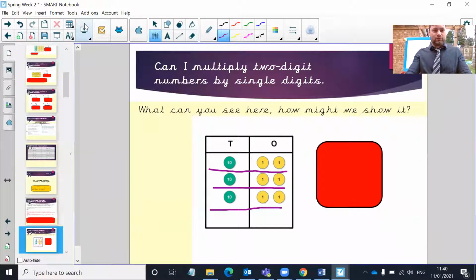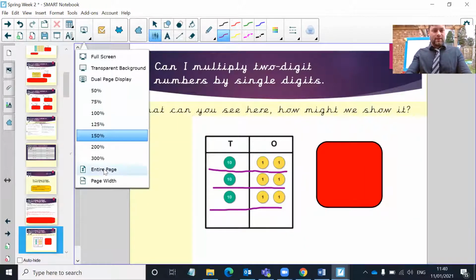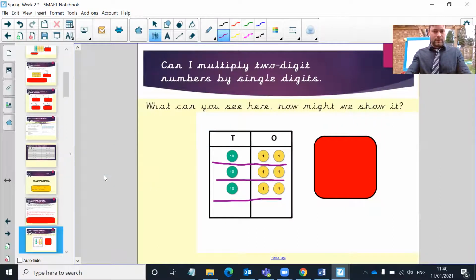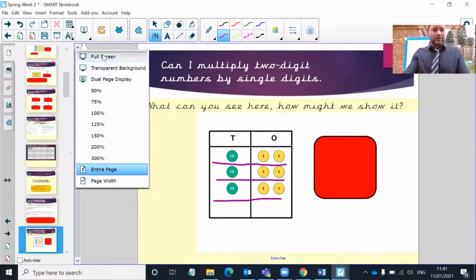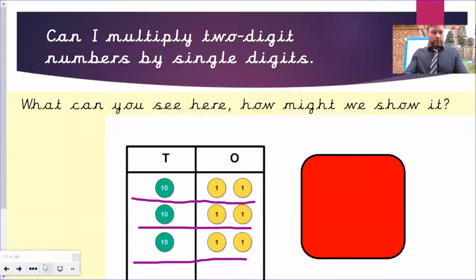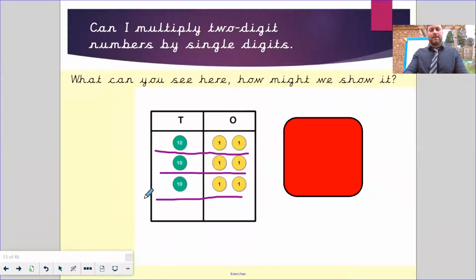If we were to draw our lines under there, we can see now that we've split it into groups. For some strange reason, my screen's gone. Oh, there we are, that's better.